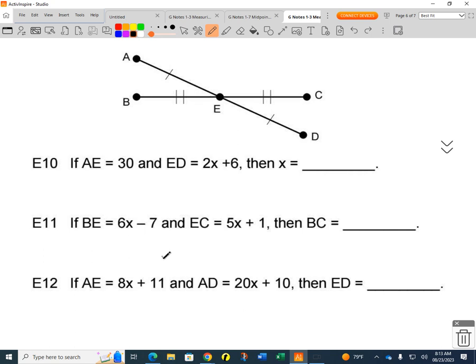Think of something. Even if it's wrong, say something. It's okay. Doesn't matter. That shows me you're trying. What do those marks on AD mean? Yep.